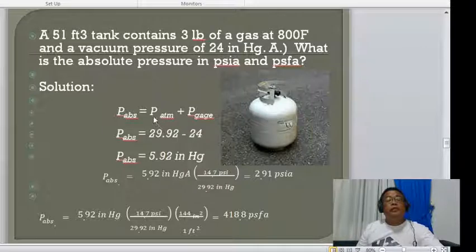Changing this to pound per square foot absolute, we simply multiply this by 144 square inches in 1 square foot. So the equivalent now is 4,188 pound per square foot.